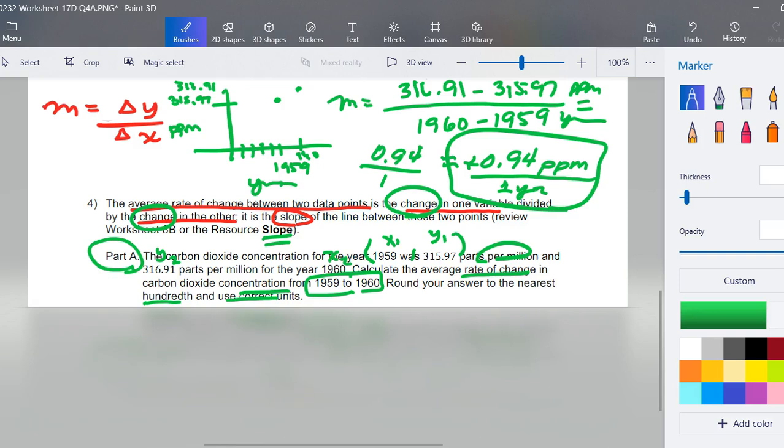We're going to keep going on with B, C, and D. But D says, what do you notice about the average rate of change that you calculated? So let's keep in mind that this was the years 59 to 60, and document on a separate paper or just keep it where you can see it that we were at like 94 cents, 0.94.